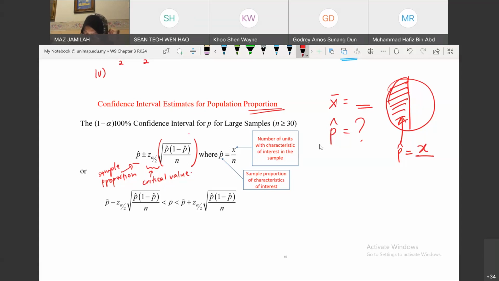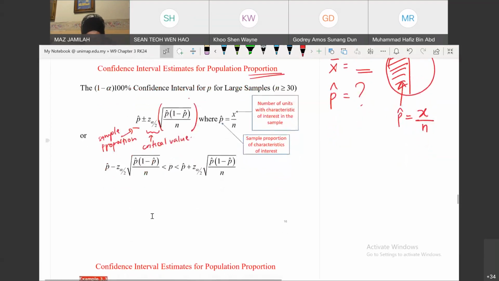And this x will be divided by the number of samples. So that's how we find our p hat. And for the margin of error, this will give you the margin of error.